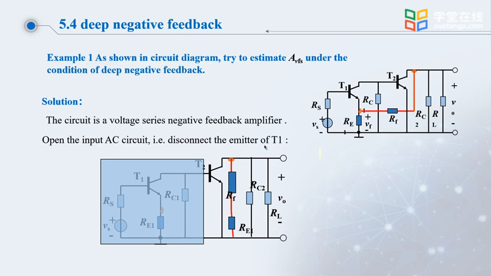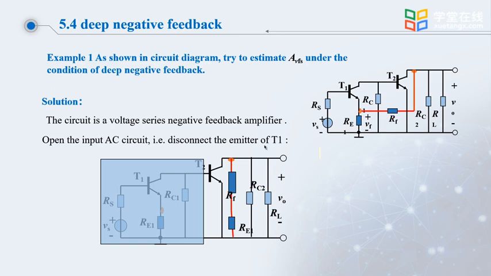It is entirely determined by the type of the feedback network connection. If this feedback network is a voltage series feedback, then the output signal is voltage. The input signal is also a voltage, so under deep negative feedback, 1/3 of the resulting feedback factor should be equal to AVF. In AXF, this X is V. Because with this type of feedback connection, the output signal is a voltage and the input signal is a voltage.